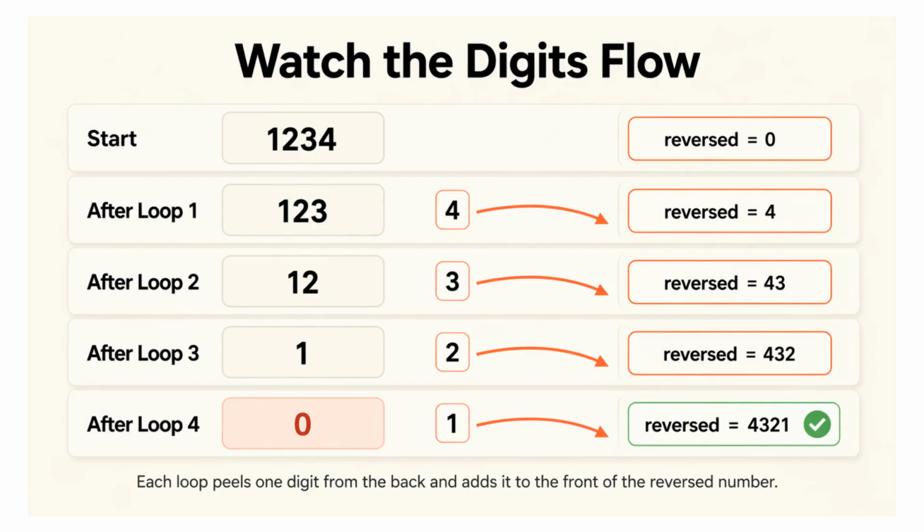After the second loop, the 3 peels off and joins reversed. Now we have 4, 3. Third loop, the 2 peels off and reverse becomes 4, 3, 2. Fourth and final loop, the 1 peels off and reverse becomes 4, 3, 2, 1. See how the digits are literally moving from the back of the original number to the front of the reverse number? That's the whole trick. Each loop just peels one digit off and sticks it in place.